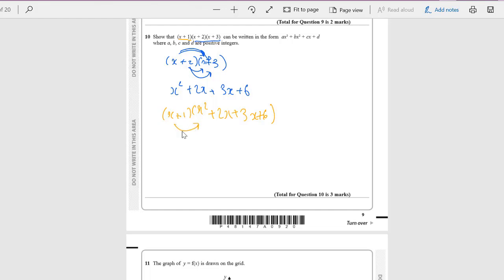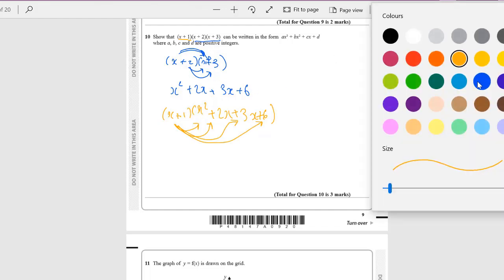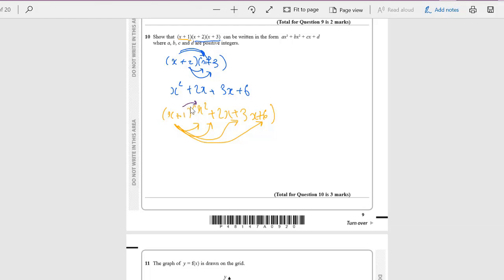So again, my trusted arrows, and I'll use a different color for the other arrows. So we'll get x cubed for this one, plus 2x squared plus 3x squared plus 6x, and then plus x squared plus 2x plus 3x plus 6.